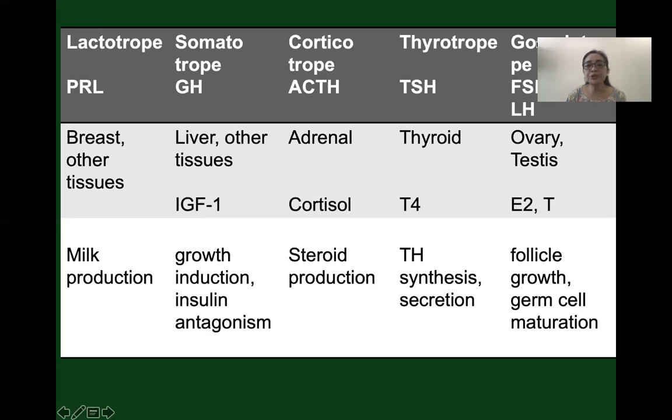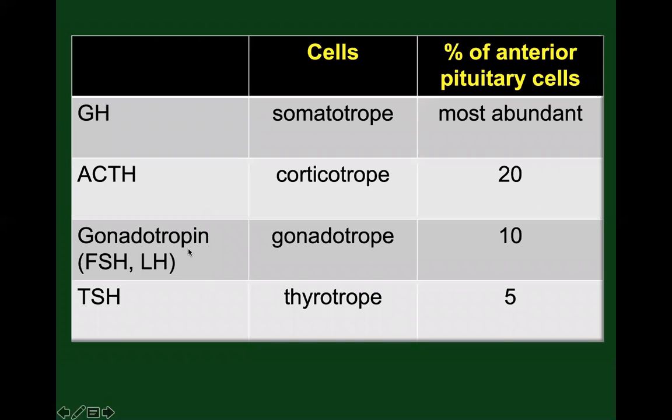And your gonadotrope, which are mainly your follicular stimulating hormone and your LH, take their effect on your ovary and your testes, which will affect also your estradiol or estrogen production and your testosterone, mainly for follicle growth and germ cell maturation, so affecting your reproduction.